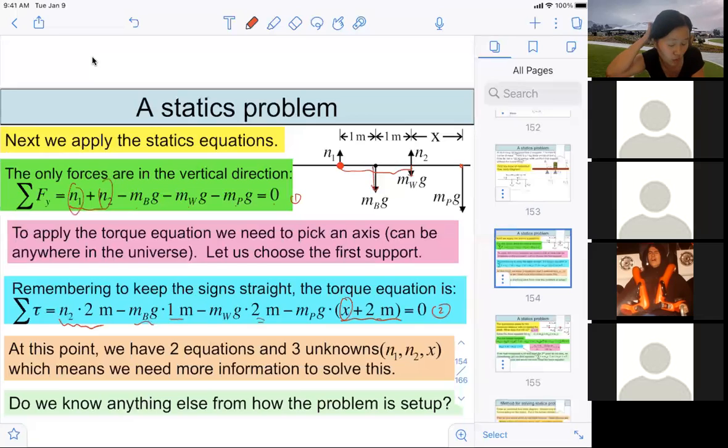So we have more unknowns than equations, which means we need more equations, we need more information. But then you might wonder, where do we get more information? Didn't we add up all the forces and all the torque, right? That's everything we know. Is there anything from the problem setup that we didn't realize?